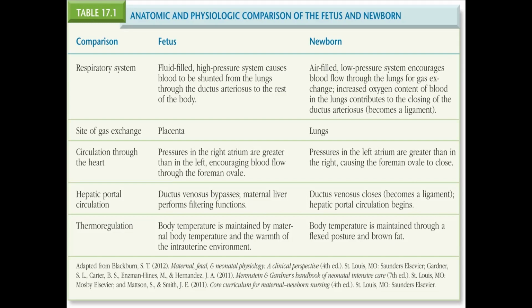That increased oxygen in the lungs is going to help close that ductus arteriosus. We're going to have a greater pressure in the left side of the heart. Before birth, it's in the right side. After birth, that pressure increases now in the left side, and that causes that foramen ovale to close.